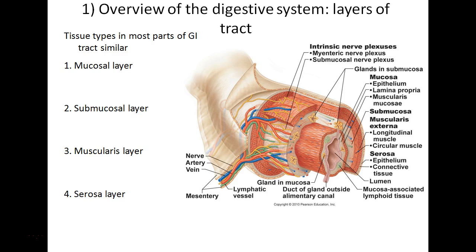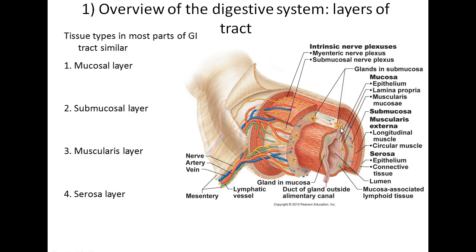Now we arrive at a second main layer of the GI tract, the submucosa. In this submucosa layer, we can observe the presence of blood vessels and lymphatic vessels. In addition, we have glands.